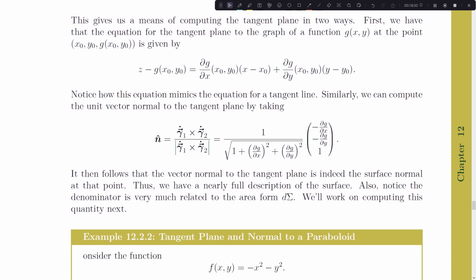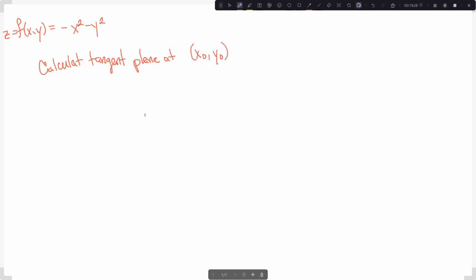Let's consider this function, f of x, y is negative x squared minus y squared, and we'll jump over to the whiteboard. And so our function of x and y, which happens to be z, is negative x squared minus y squared. Let's calculate the tangent plane at x0, y0.